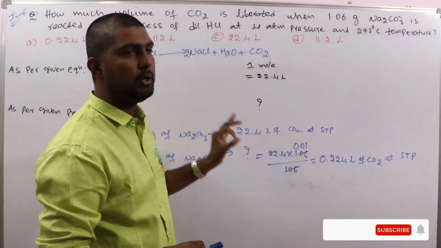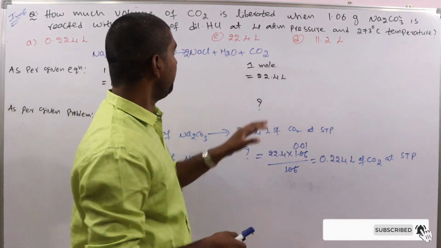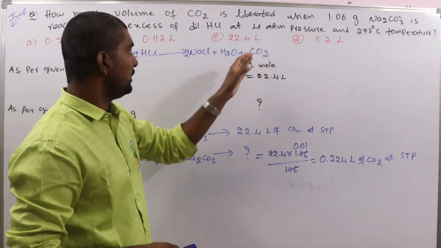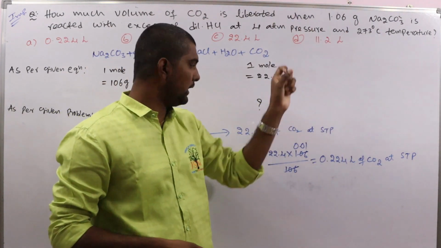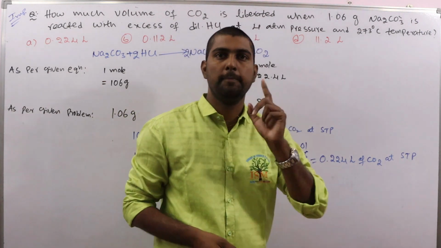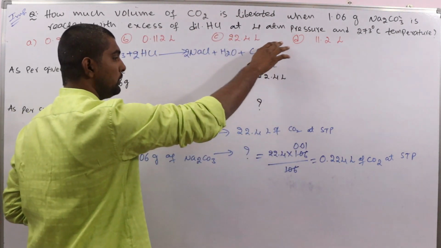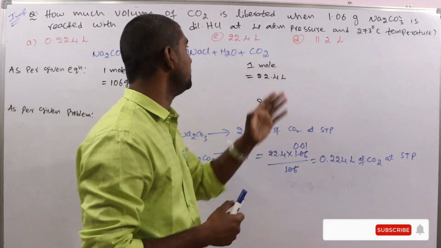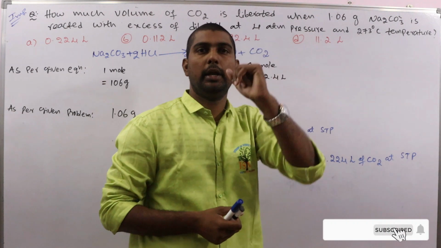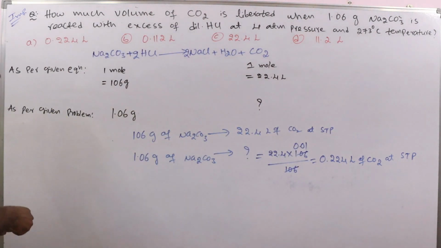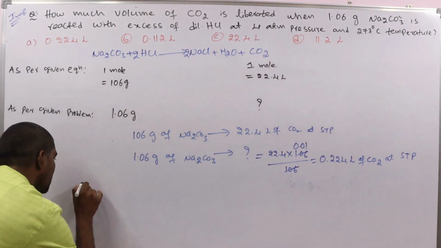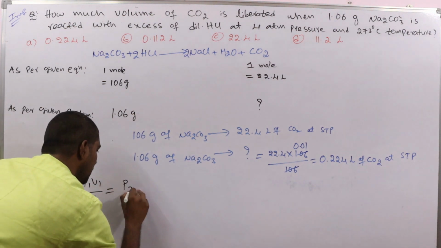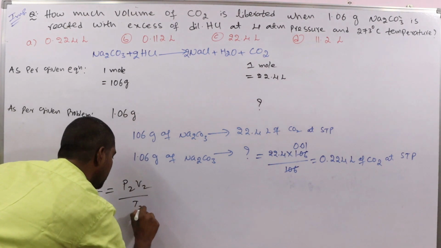This is the very important step here. If this condition is not specified in the problem, this is our answer. But here they have asked you to calculate the volume of CO2 liberated at other than STP conditions, and that condition is provided. So for this we have to use P1 V1 by T1 equal to P2 V2 by T2.